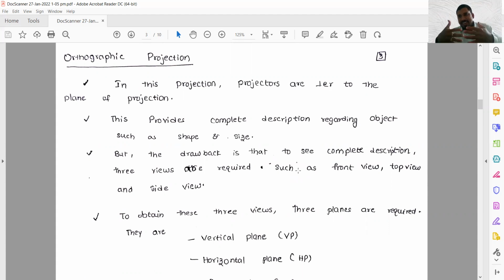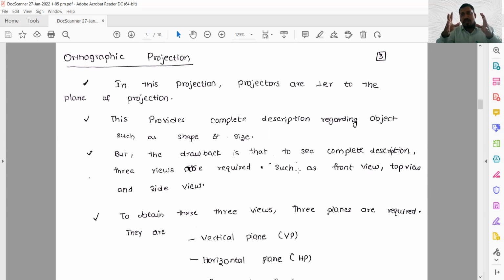From these three directions, the observer has to see the object and identify its shape and size. Only then will he get the complete description. So more time is taken for going in these 3 directions to see the object.